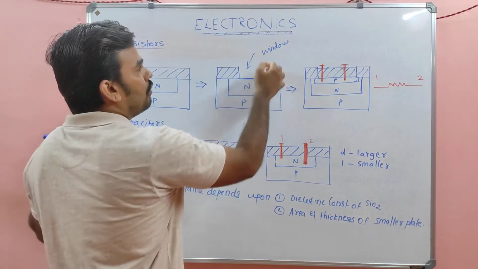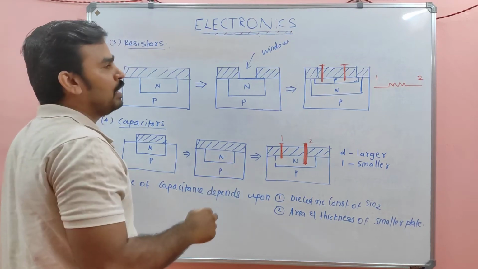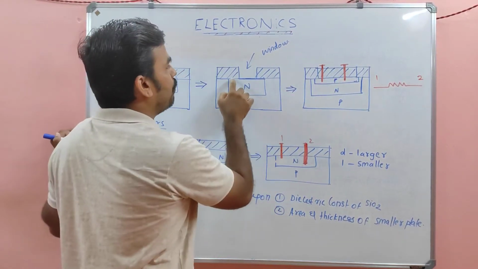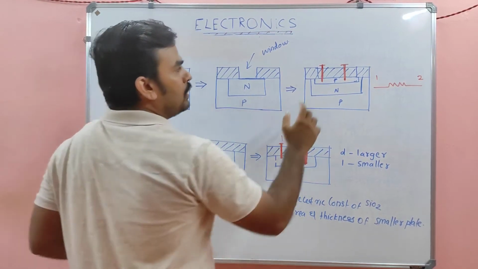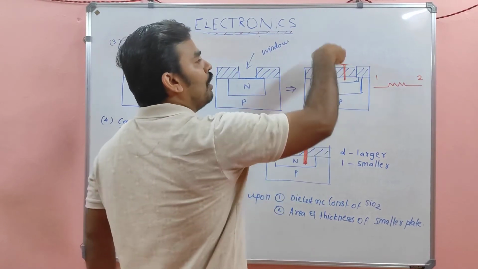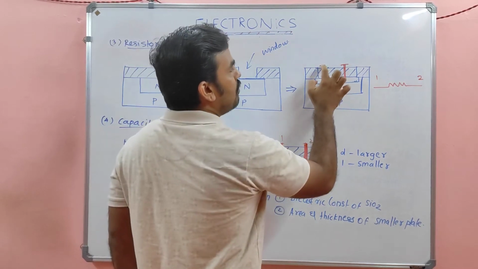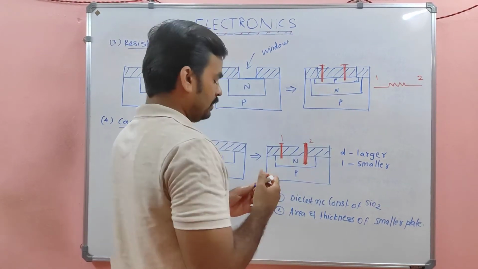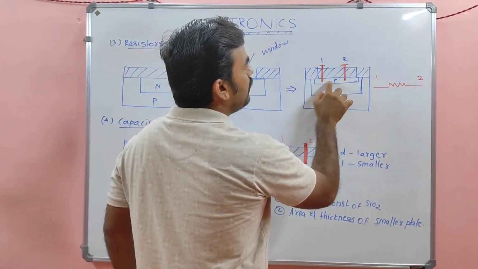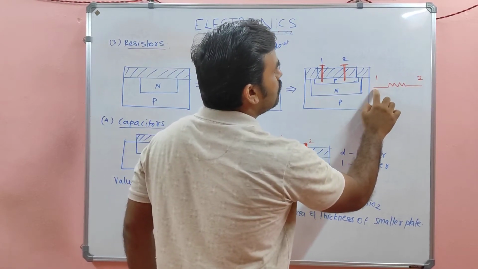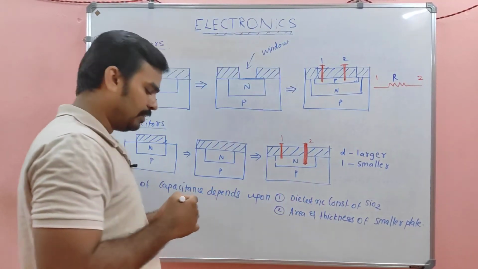After that we make a window, and through this window a trivalent impurity is added, so a portion of this N is converted to P. On this P region we drill for the connection. This is terminal 1 and this is 2, and the P region acts as a resistor of resistance R.